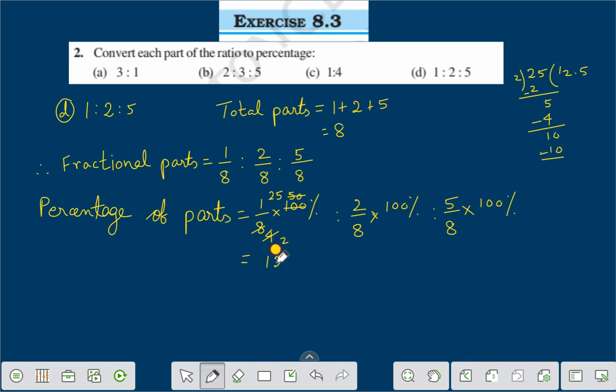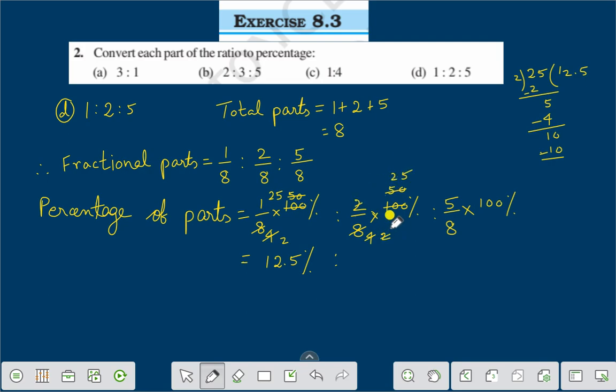Here you are getting 12.5% is to 2 by 8 into 100. Let us divide by 2. 2 4s are 8. 2 5s are 10. 0. 2 2s are 4. 2 25s.